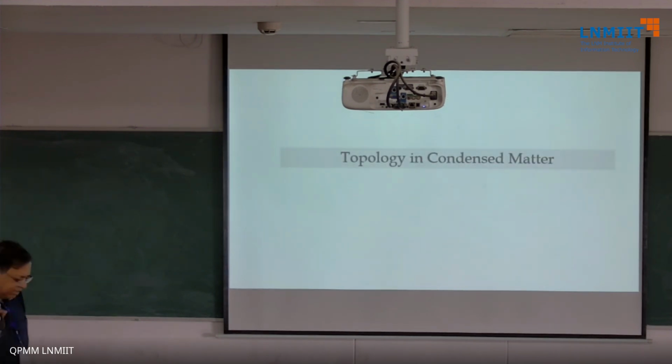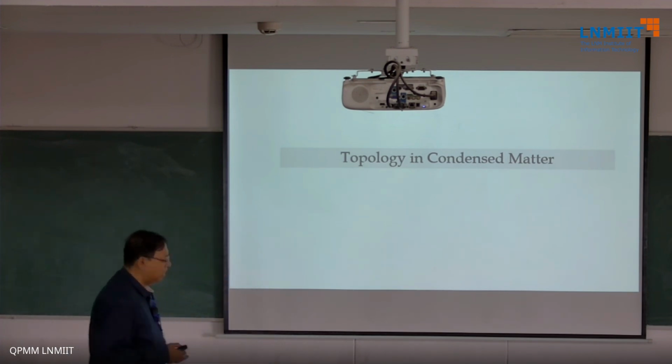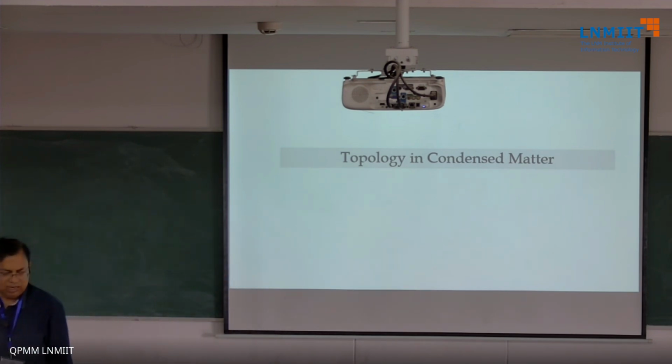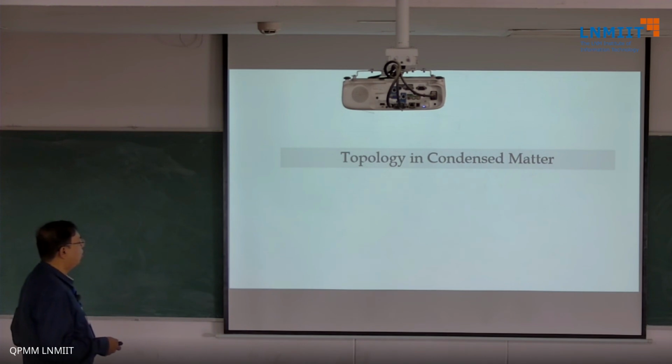So now all these things were becoming very important, and it's around 2016 that topology in the field of condensed matter made an entry in a somewhat interesting way, and this is the topology in condensed matter that I'm going to talk about.